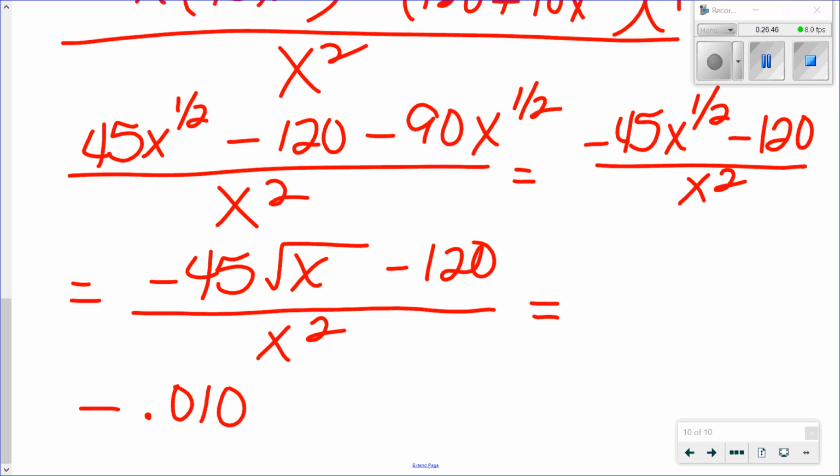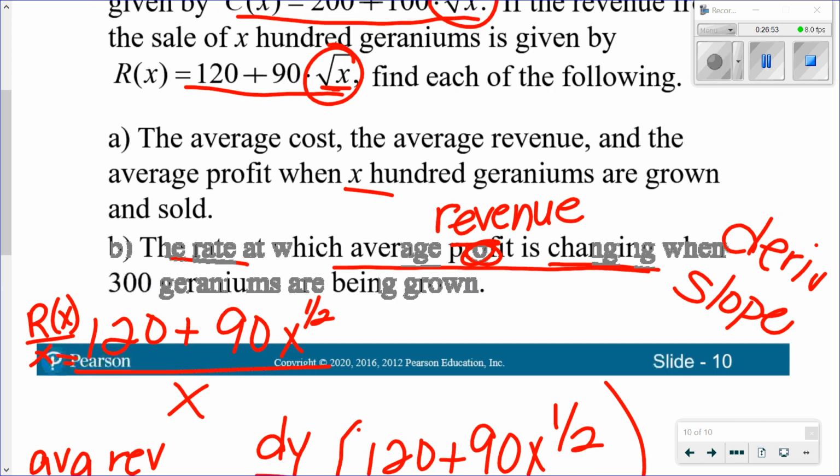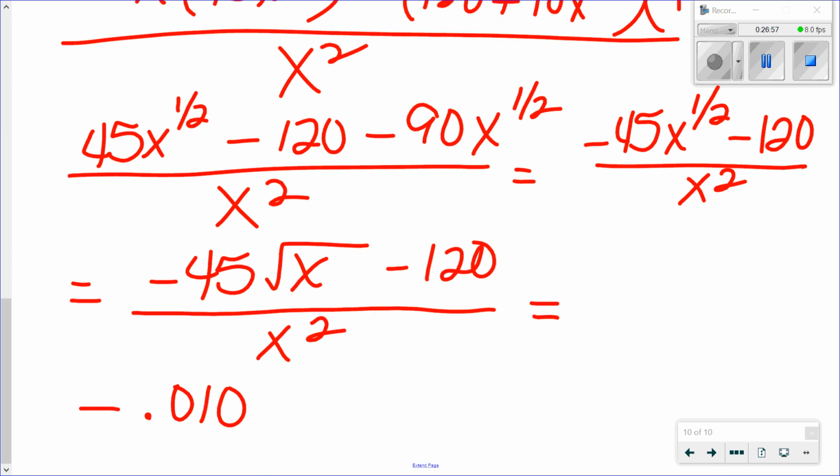So that means it is decreasing at a rate of negative 0.01. So small decrease when 300 geraniums are grown. That will change depending on the number of geraniums grown. So this is how you would use the quotient rule with your average cost, average profit, and average revenue functions.